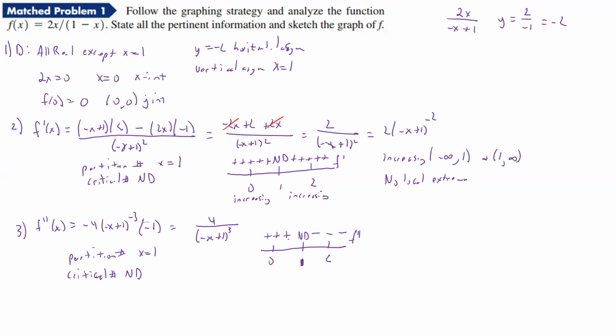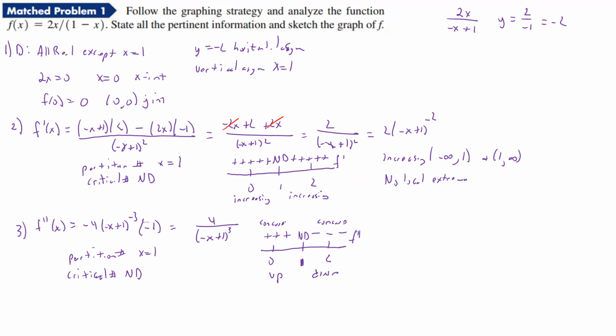Okay. So what can that tell us? Well, that can tell us here we're going to be concave up, sorry, I wrote down because I was writing below. So that's concave up because it's positive, and this is concave down because it's negative.